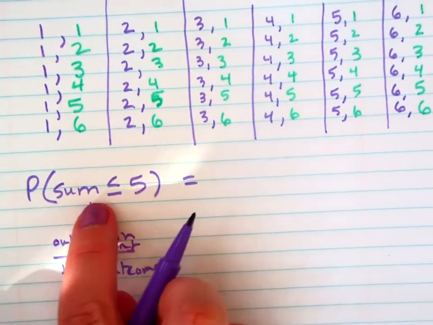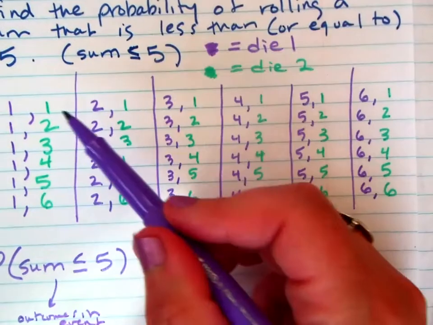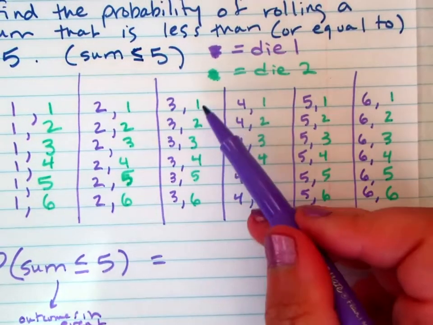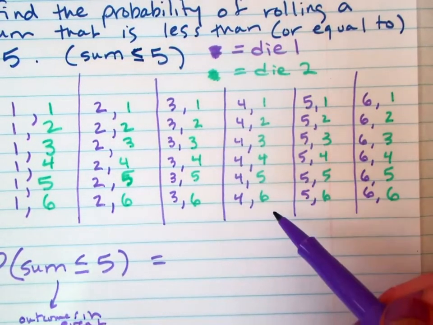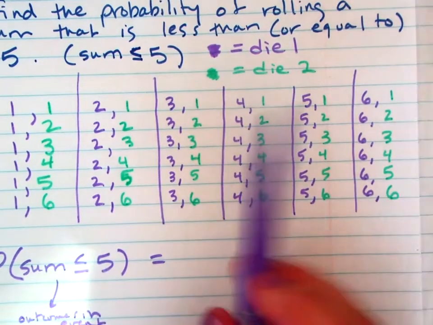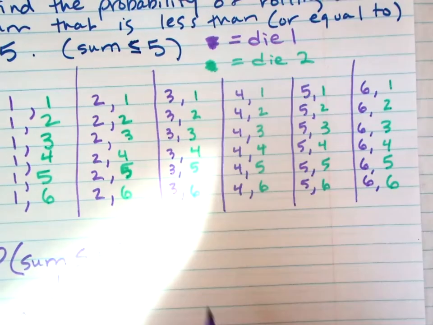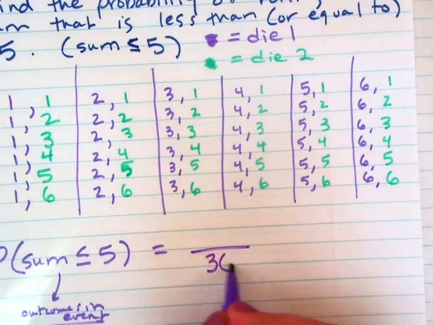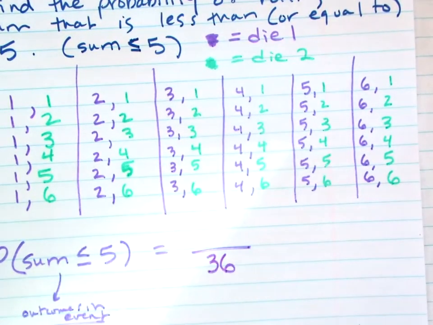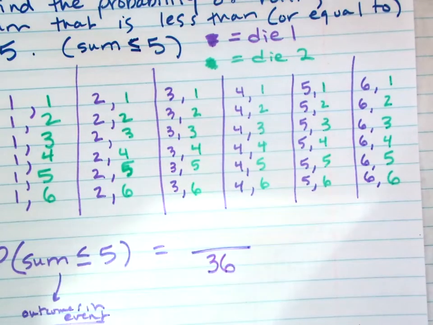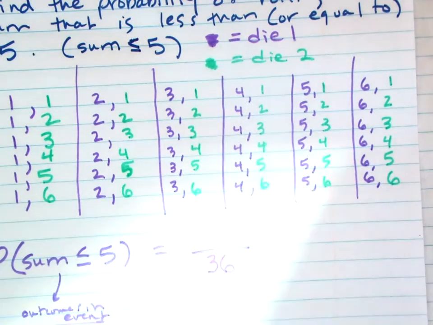So for our total outcomes, I had 6 here, 6, another 6, another 6, another 6, and another 6. So basically this is a 6 by 6 grid, so I had a total number of possible outcomes of 36. 36 different ways I can roll these 2 dice.